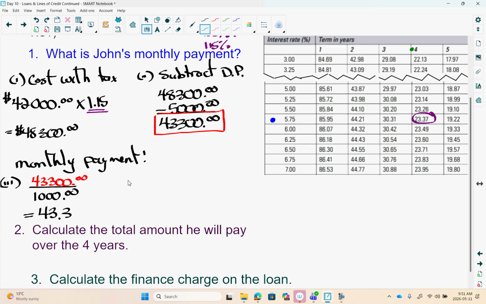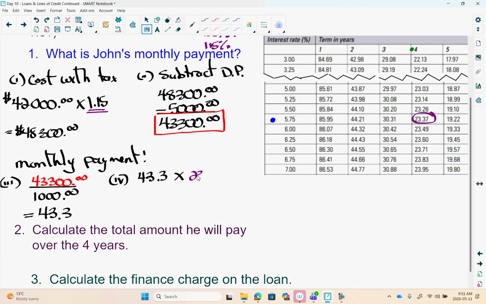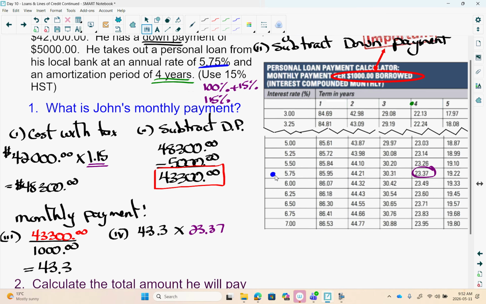And then what do I do with the 43.3? What would step 4 be? Multiply it by 23.37. So the 43.3 is going to get multiplied by the 23.37. And again, I didn't just pull that number out of thin air. Why am I using the 23.37? Because he's borrowing at 5.75% for 4 years. That's where they meet.